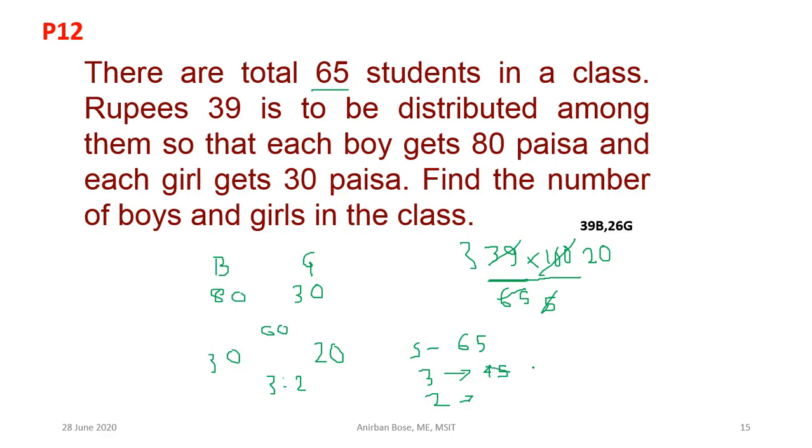So 13 into 3, that is 39. And 13 into 2, which is 26. Where are we getting 13 from? 65 by 5 is 13. Per unit it is 13. Okay, so 39 boys and 26 girls. So this is the answer.